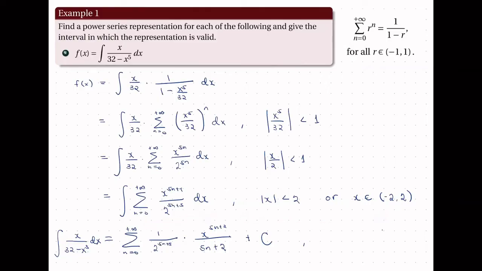Pero since itong power series na ito ay na-obtain by taking the integral of this geometric series, hindi natin pwedeng i-claim na yung open interval na negative 2 to 2 ay yung interval of convergence din ng power series na ito. Okay?